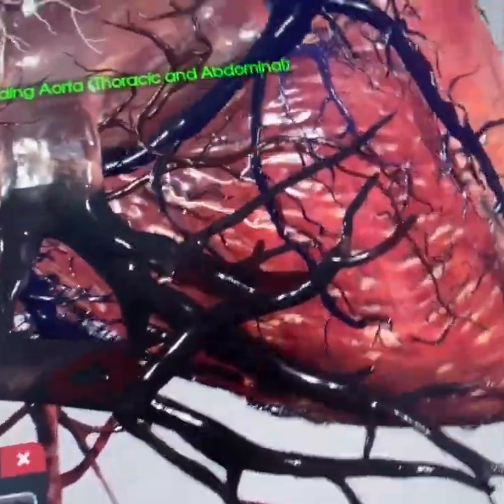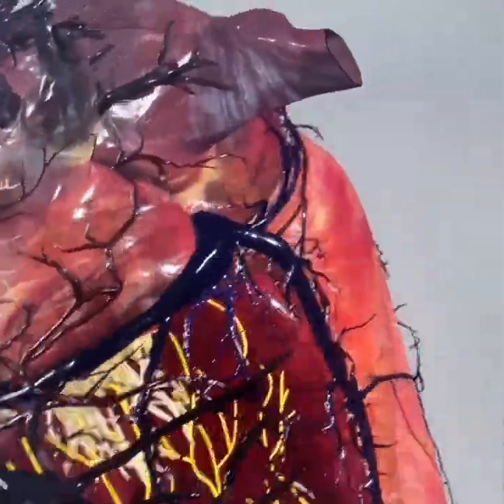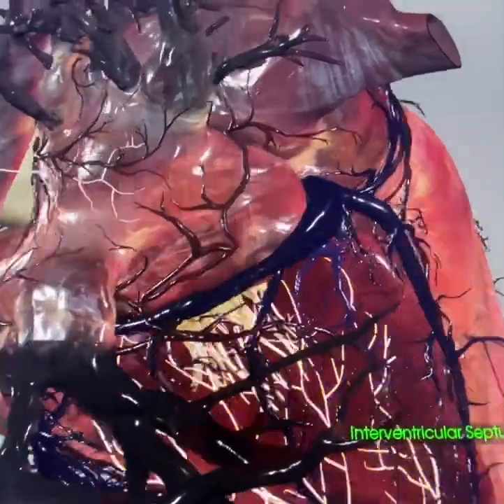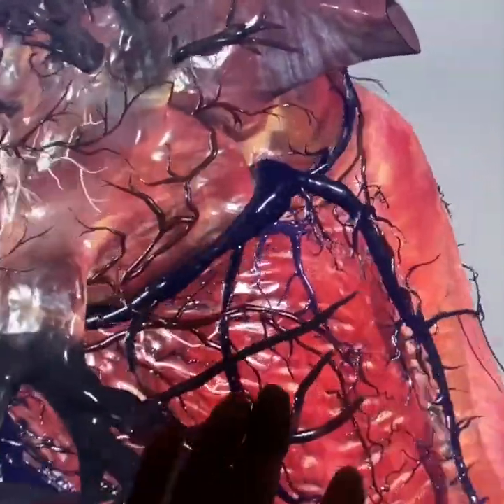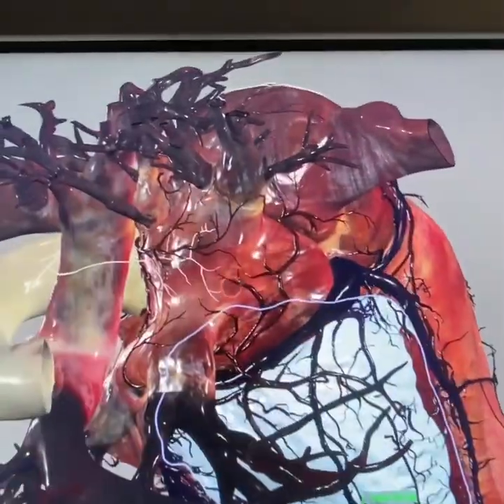So if the other side was the right ventricle, this has to be, of course, the left ventricle. Oopsies. Let's go back. This, of course, has to be the left ventricle. Left atrium.